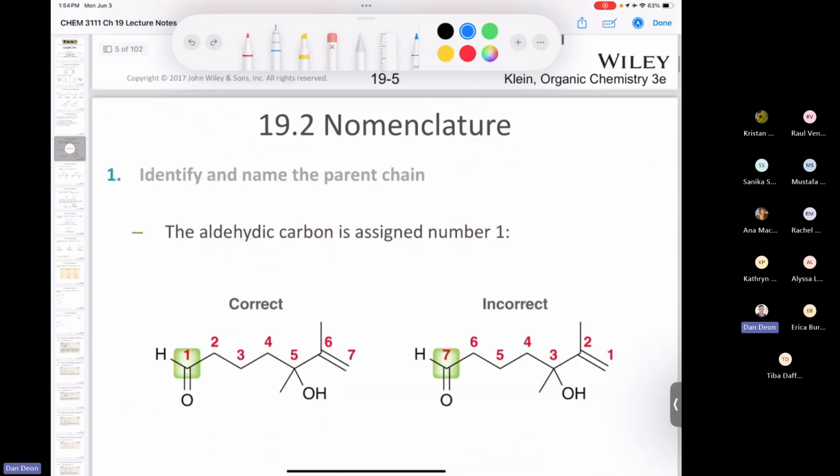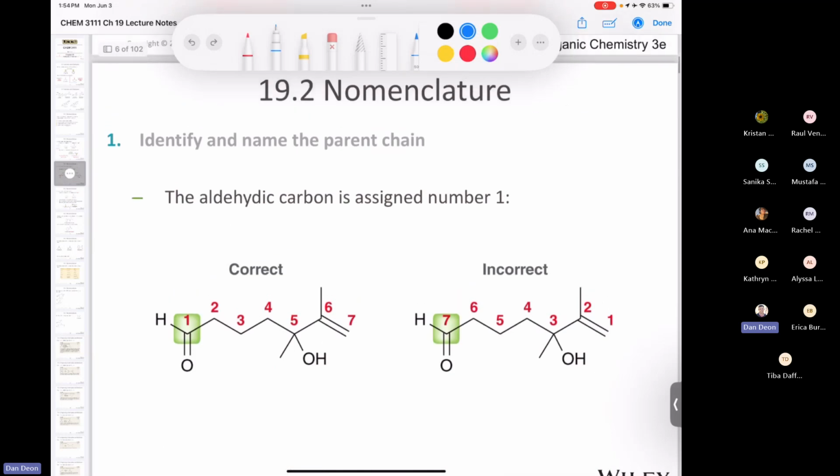Now, I'm never going to ask you to name compounds like this one here with 3 functional groups, so I'm not even going to worry about that. But anyhow, the bottom line is if you ever see a compound that has more than 1 functional group, and you can see here we have an aldehyde, we have an alcohol, and we have an alkene, and you're wondering which one of these takes precedence, well, there actually is an order of precedence of compounds in organic chemistry.